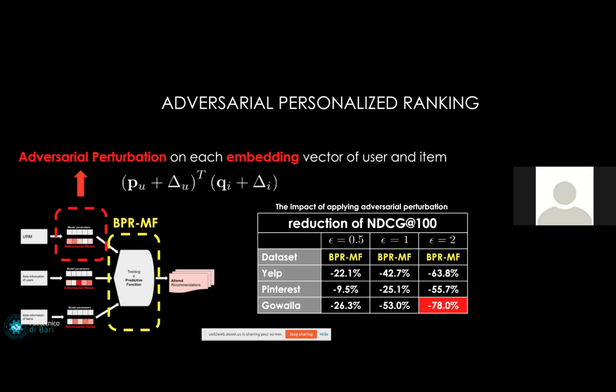This is the impact of the adversarial attack, which can be devastating based on the strength of the attack. Even with a small budget, we can see almost 25% or 26% reduction in the original recommendation quality, and this can definitely impact the end user as a recipient of these recommendations.